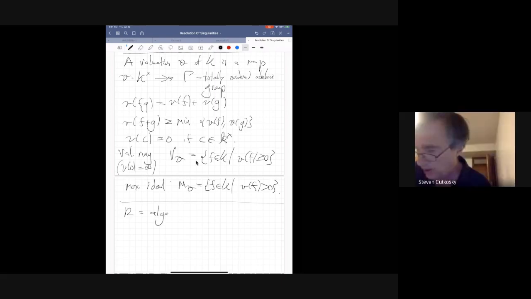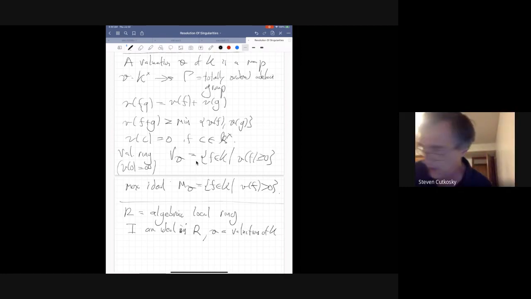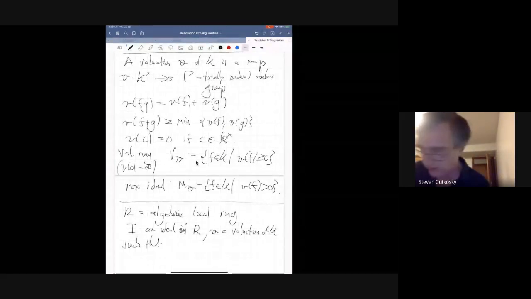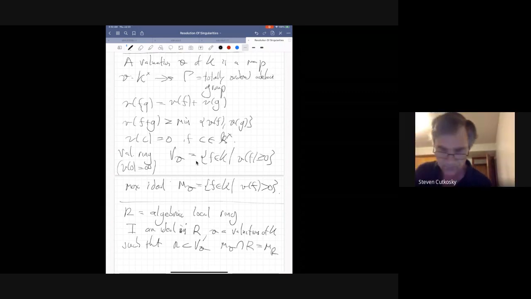So let's take R to be an algebraic local ring, I an ideal in R, and ν a valuation of K, such that R is contained in the valuation ring of ν, and the maximal ideal of the valuation ring intersected with R is the maximal ideal of R. So one says that R is dominated by ν.